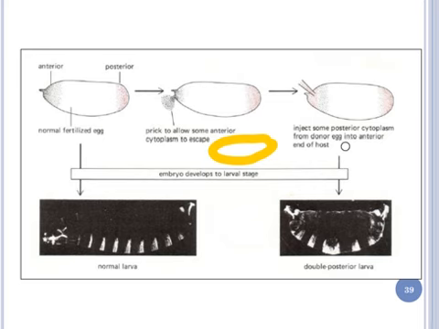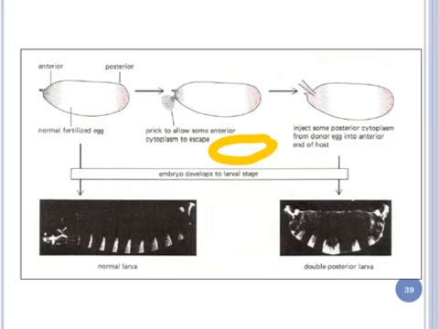We expect that we get double posterior, so they got a double posterior larval stage after some development. Why? Because the posterior cytoplasm contained posterior determinants like Nanos and Oskar, and when this part of the cytoplasm was injected anteriorly, it transformed the anterior compartment into a posterior one.